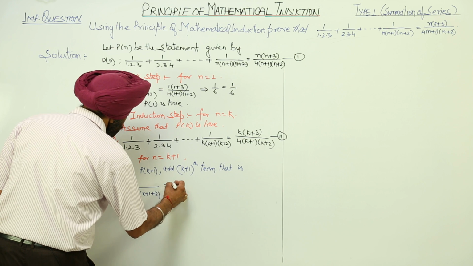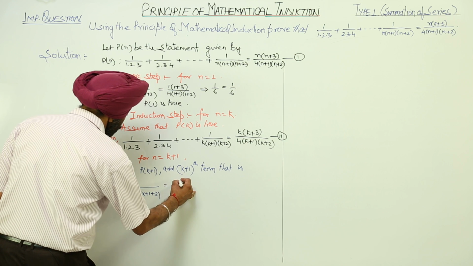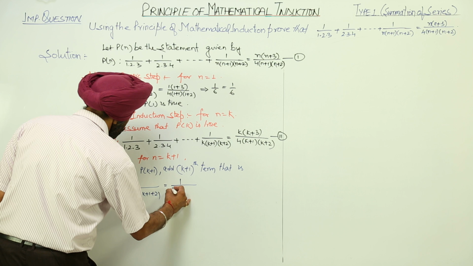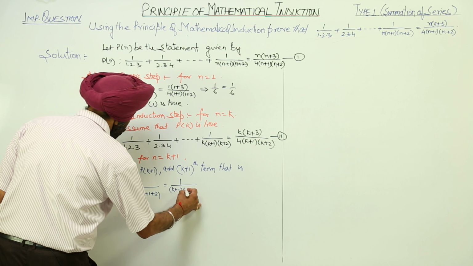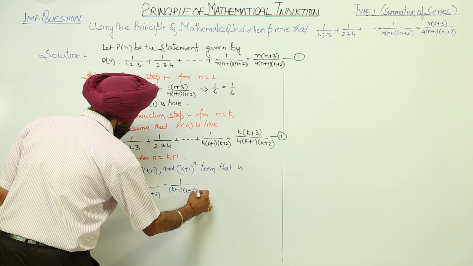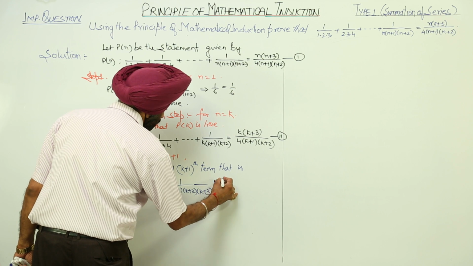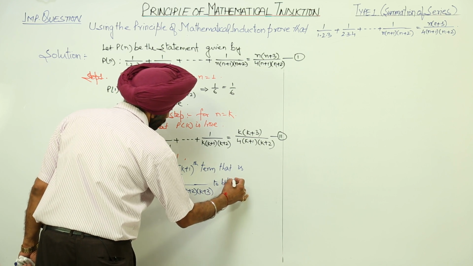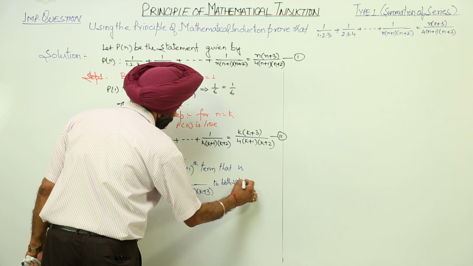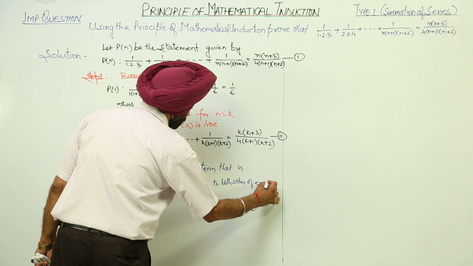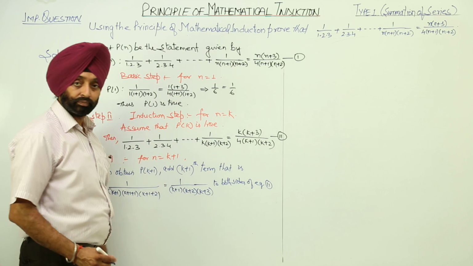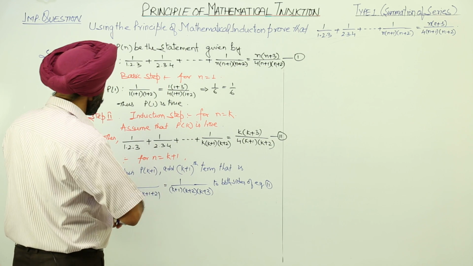Now, this is equal to 1 upon k plus 1, k plus 2, k plus 3. Add to both sides of equation 2. Is it clear? So, what we are getting?